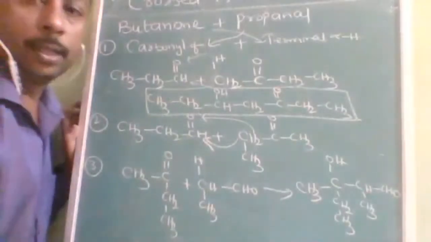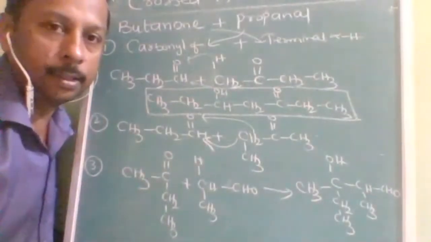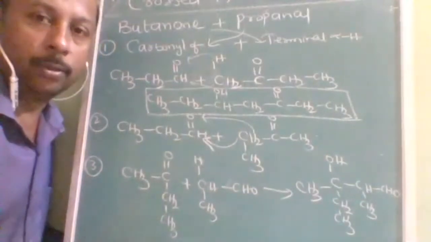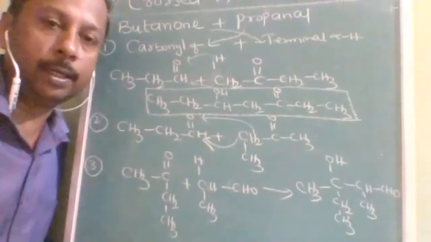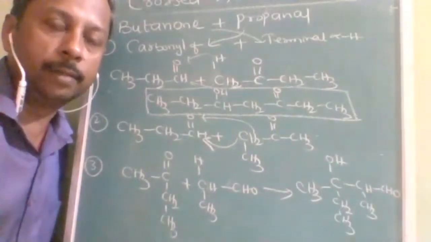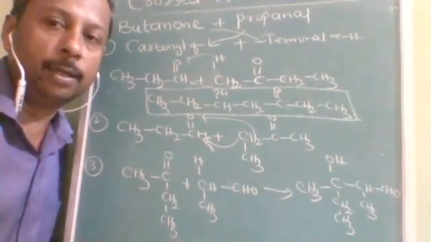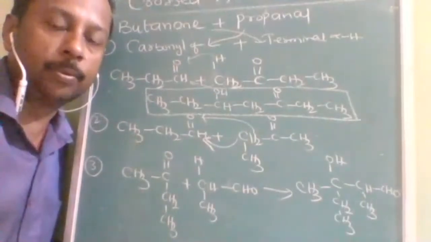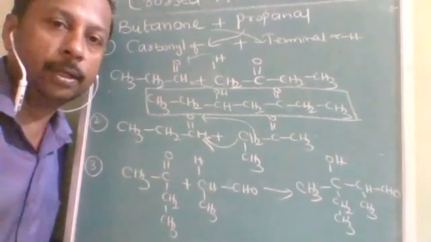So these are the three different products of the crossed aldol condensation of butanone and propanal. The number of products is important and the names of the products are even more important. If you are able to write the structure properly, then it will not be difficult, and I have explained clearly how to write the products and what possibilities you can select.